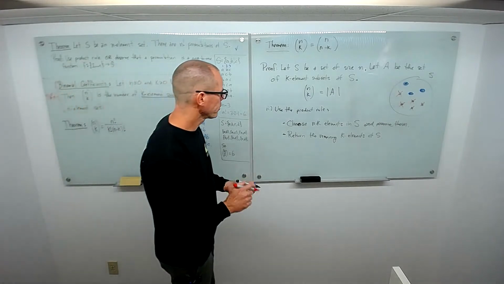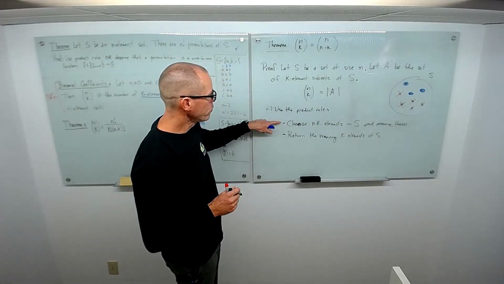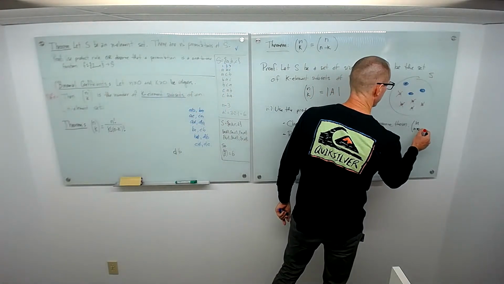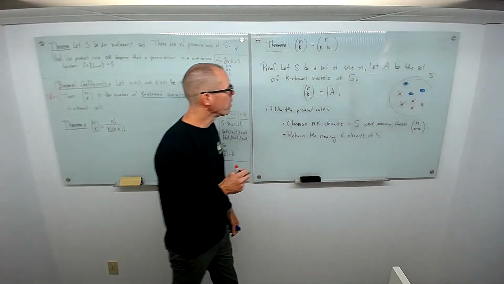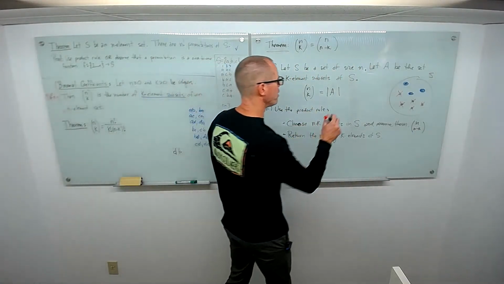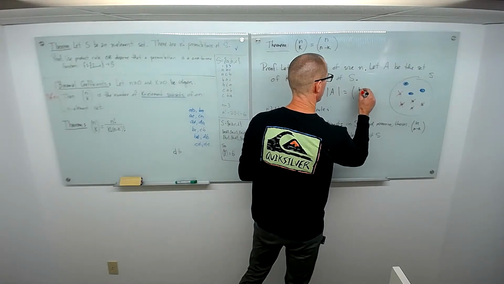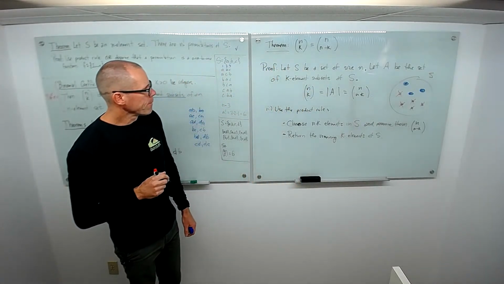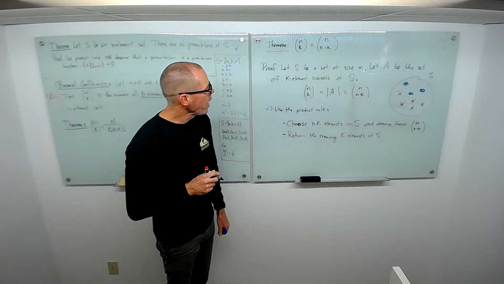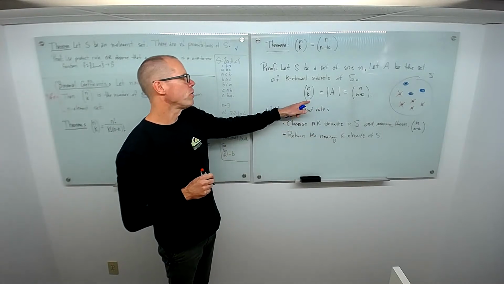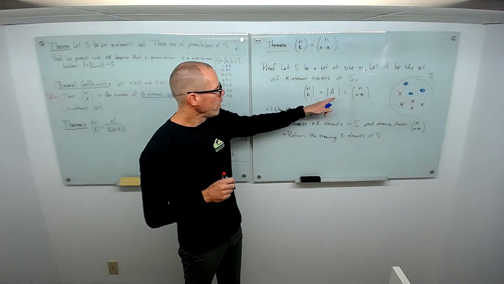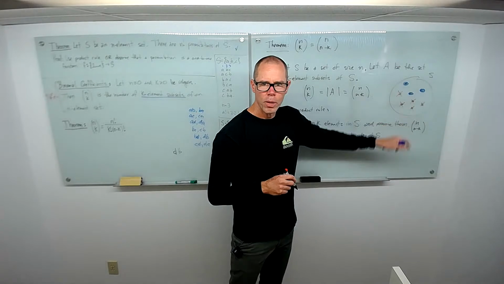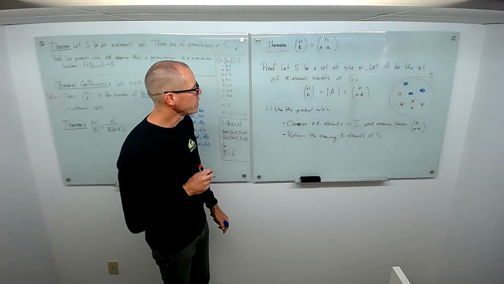So the number of ways of choosing n minus k elements from S, by definition, is n choose n minus k. So that's the size of this set A as well. Right. So we conclude that this set A of k-element subsets of S has size n choose k directly by definition. It also has size n choose n minus k by this alternative way of generating elements from the set.